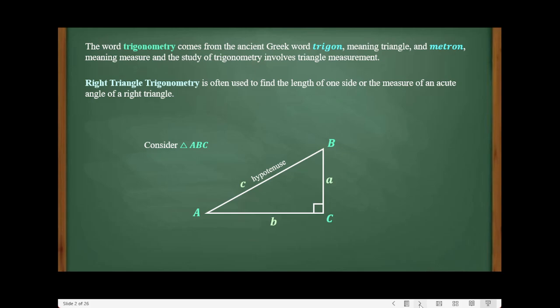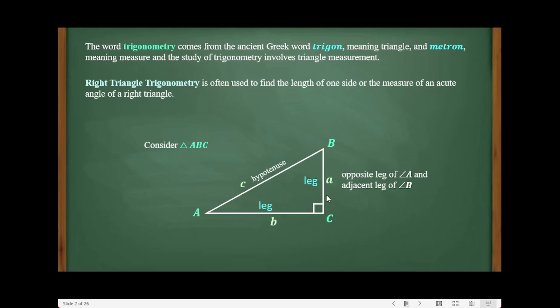Other than that, you need to take note that each of these legs can be labeled according to the reference acute angle. What do I mean by that? For instance, let us take the vertical leg, the shorter leg.